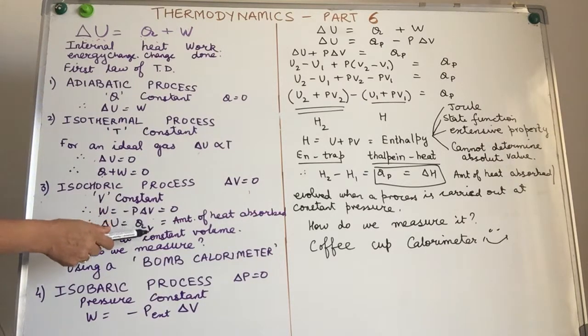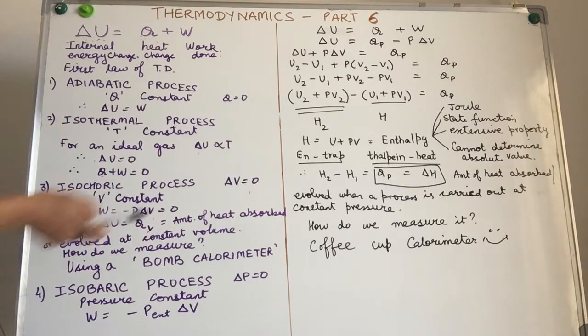Why? Because this is the amount of heat which is being absorbed or evolved when the process is being carried out at constant volume. This is another way of defining the internal energy change, because if you remember we had said that we cannot determine the absolute value of internal energy. It is the sum total of all the energies associated with the system.